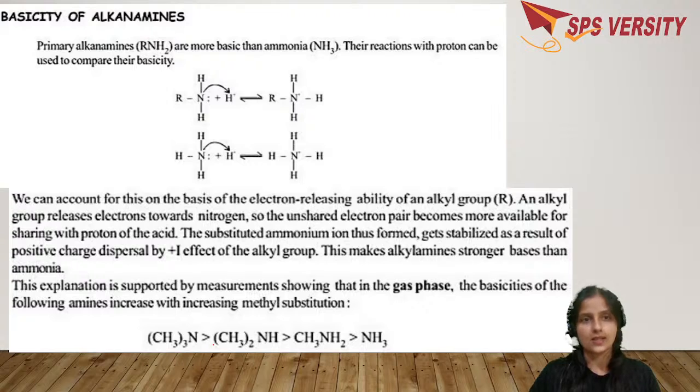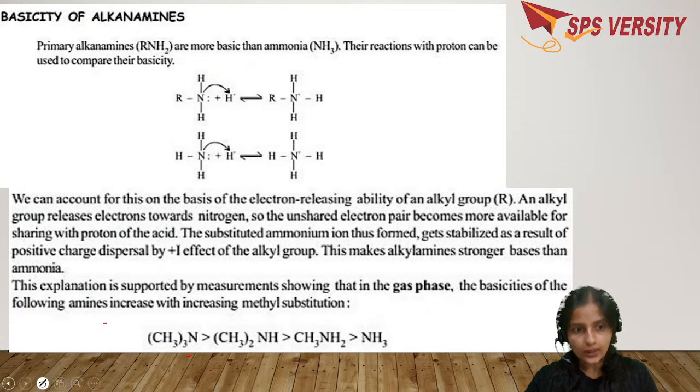Whenever you say basicity, you have to consider three major factors. What are those factors? So you have to consider substituted amines. In case of substituted amines, the alkyl groups attached to it. And the second one, the bulkiness of the groups attached.